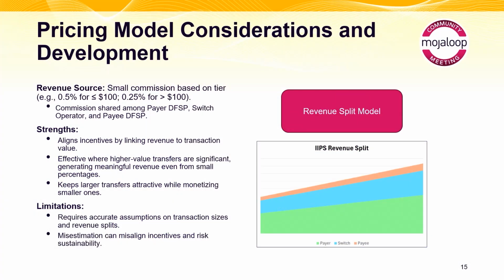But in the revenue split model, they charge the end user a very small amount, using a large number of transactions. If the transaction volume is very big, the commission is very low, and that amount can cover the switch operation. In that case, maybe the switch operator can waive those costs, and they won't need to talk about pricing at the very first place. Maybe they will have some concern, I think. Yeah. Thank you.